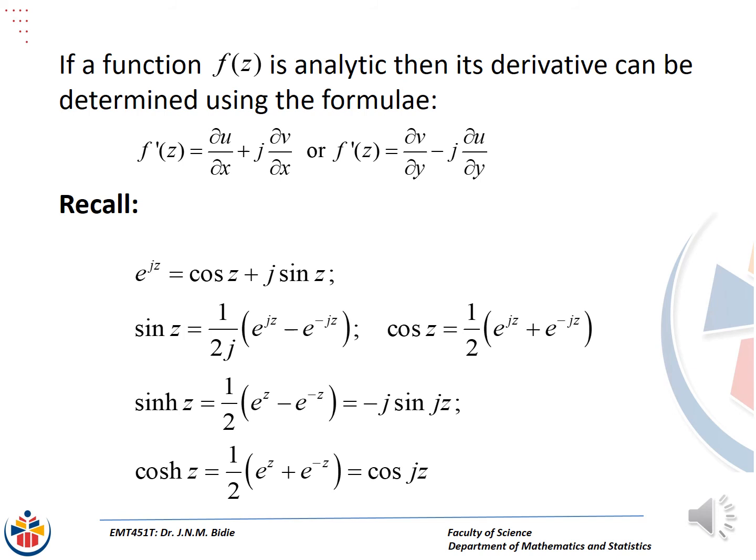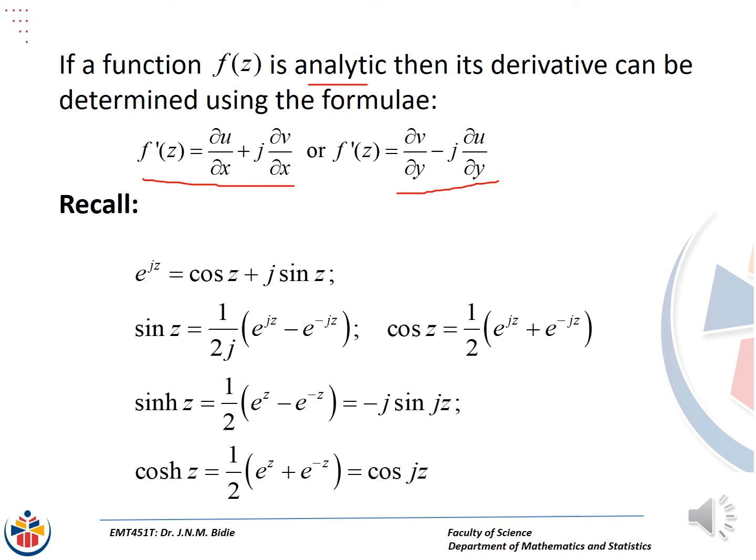Also, once we know that a function is analytic, then we can determine its derivative using those derivatives we got for the Cauchy-Riemann equations. We either use the first expression, du over dx plus j dv over dx, to find f prime of z.